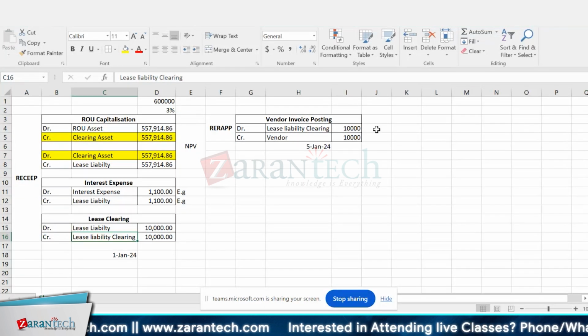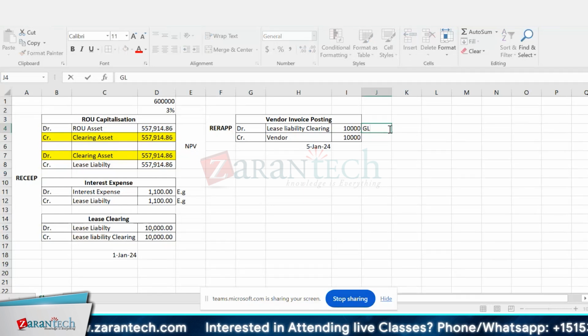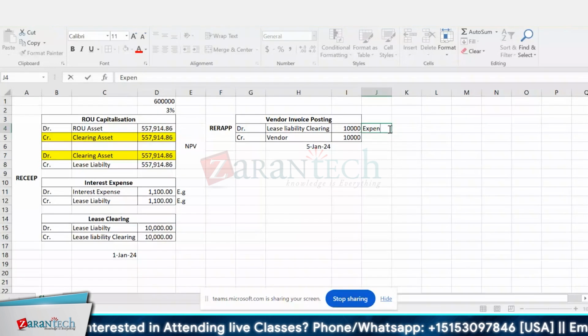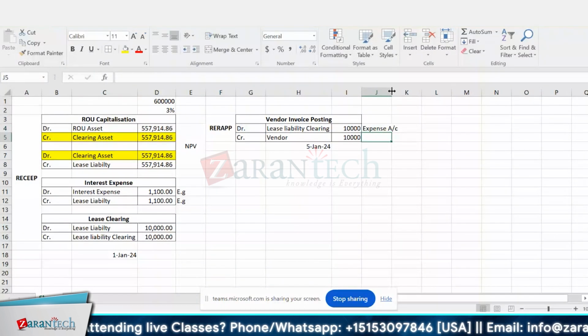And this clearing account will also simultaneously have a GL account or expense account mapped to it.